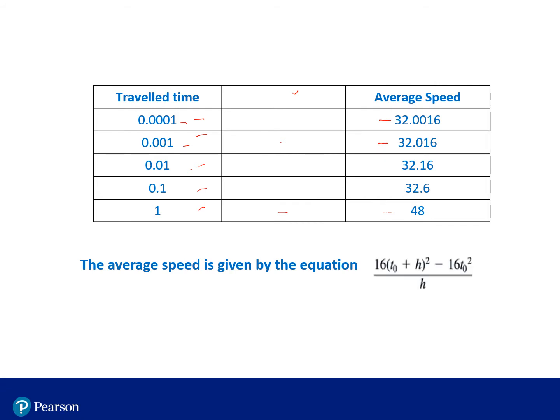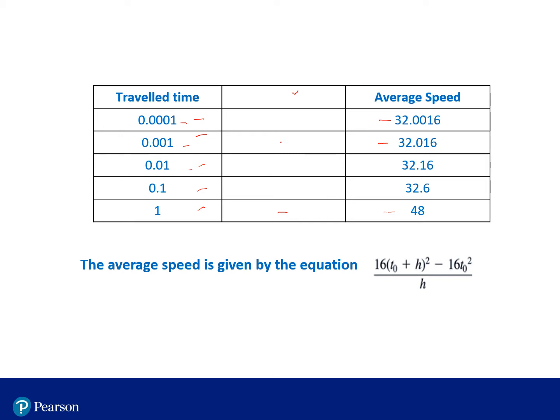This is the equation, and it has 16. The 16 has to do with gravity, because this is a free fall. Free fall means there is nothing except gravity impacting how fast the ball is going to fall. There is no wind, there is nothing.